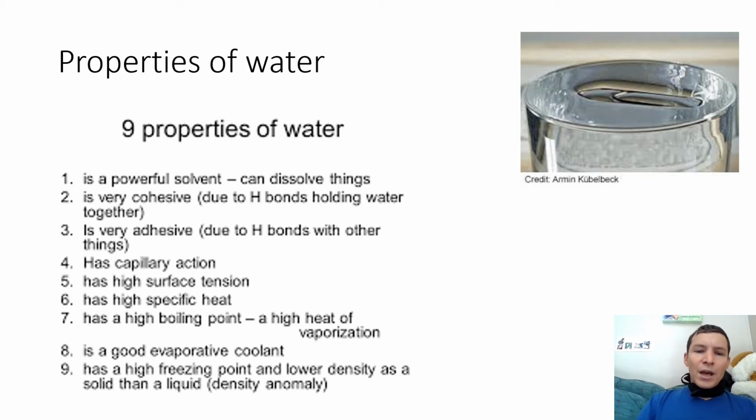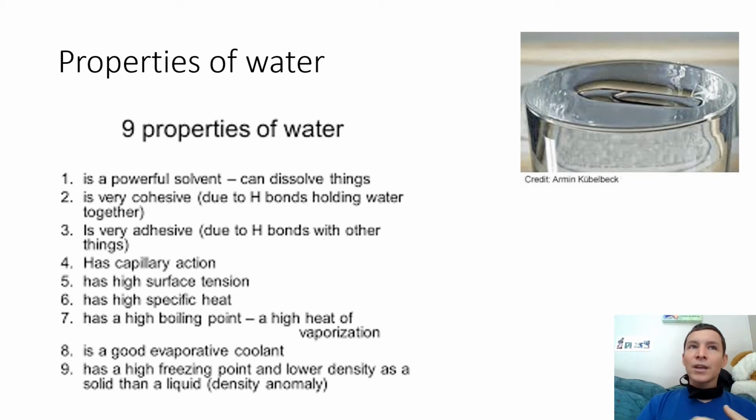And also, because it has great evaporative cooling and all of that, it allows water to basically regulate the entire Earth's temperature. So water and its properties are very important in biological processes. If it didn't have those properties, you wouldn't have things like regulation of Earth's temperature.